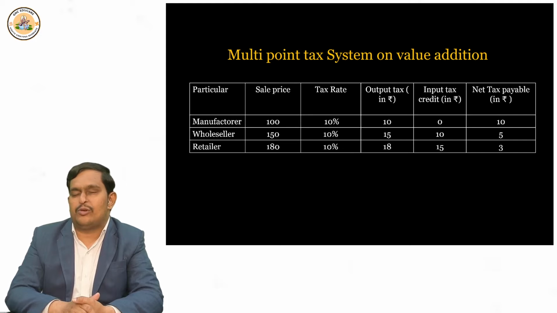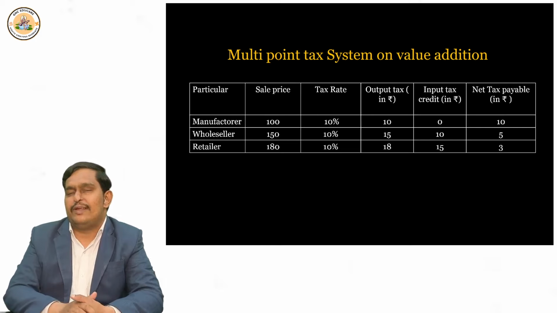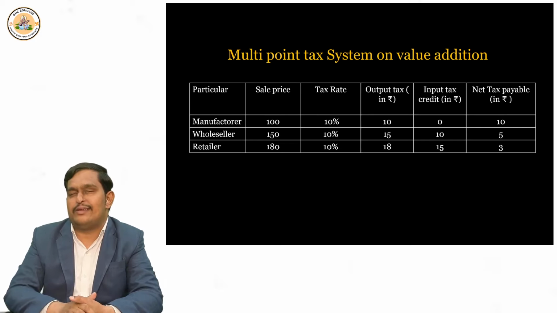Similarly, from wholesaler to retailer, 180 rupees is the sale price, 10% is the rate of tax, 180 into 10%, 18 rupees, correct? Now, input tax is totally 15, 10 plus 5, already 15 paid. So 18 minus 15 will be just 3 rupees. This is the net tax payable.